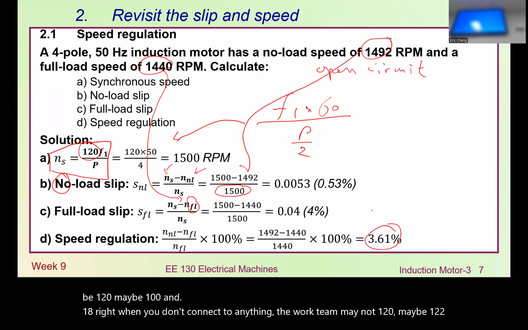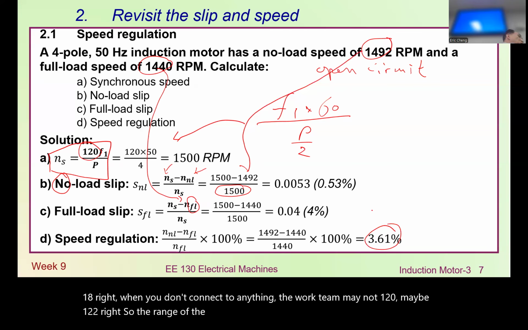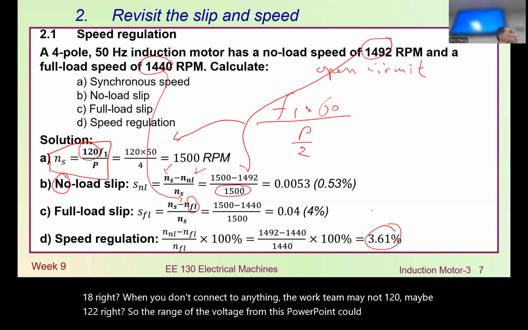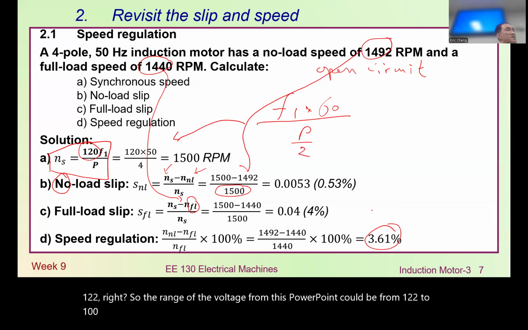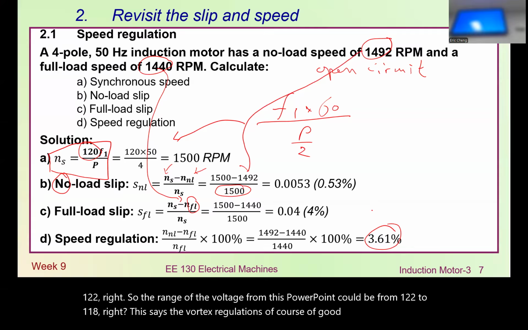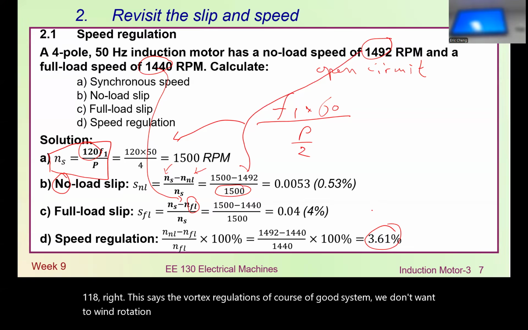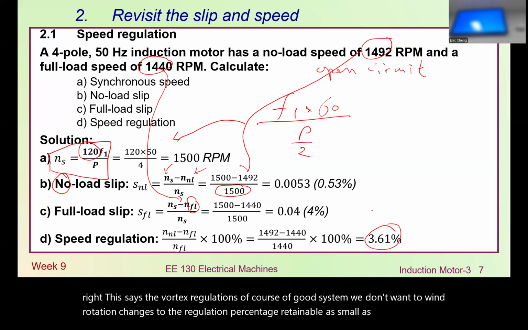So the range of the voltage from this power point could be from 122 to 118. That's the voltage regulation. Of course, for a good system, we don't want too wide voltage changes. So the regulation percentage tends to be as small as possible for a good system.